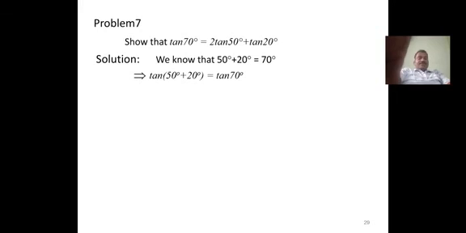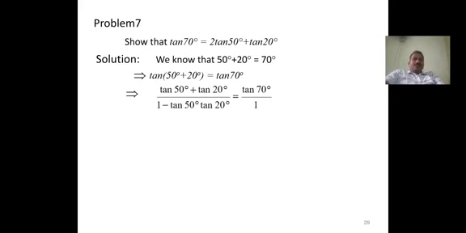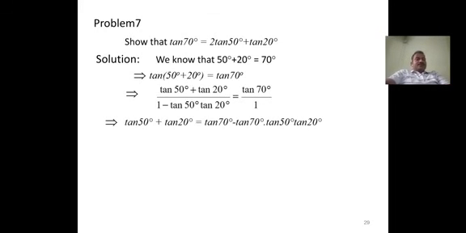Left hand side, tan of A plus B formula, tan A plus tan B by 1 minus tan A tan B. With the help of that, the right hand side, tan 70, the denominator is 1, by cross multiplying, (tan 50 plus tan 20) into 1 is equal to tan 70 into (1 minus tan 50 tan 20). So tan 50 plus tan 20 is equal to tan 70 minus tan 70 tan 50 tan 20.